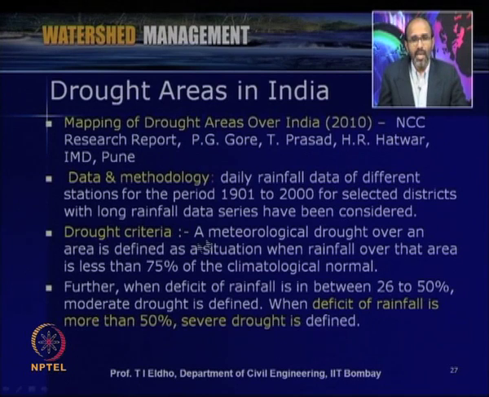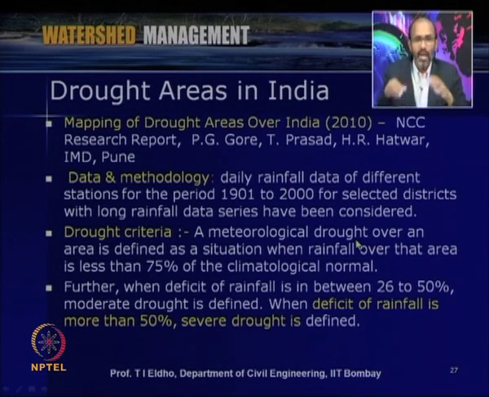The drought criterion was put as: a meteorological drought over an area is defined as a situation when rainfall over that area is less than 75% of the climatological normal, very similar to the Ministry of Water Resources criteria. Further, when the deficit of rainfall is between 26 to 50%, moderate drought is defined, and when the deficit of rainfall is more than 50%, severe drought is defined.